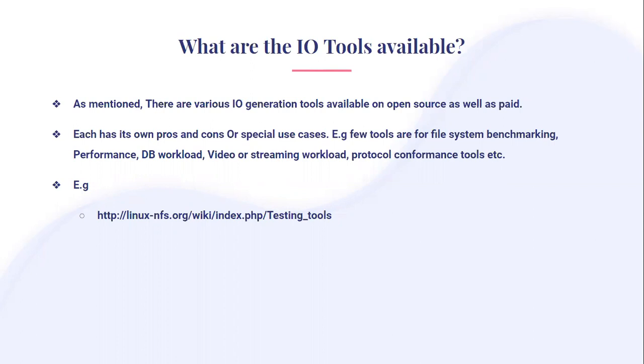So mostly people are going with open source tools because those are most widely used and stable enough. There are a bunch of tools available which are paid as well as open source.